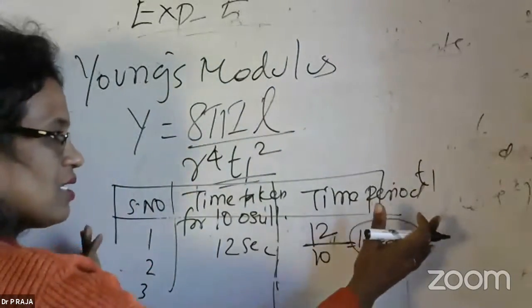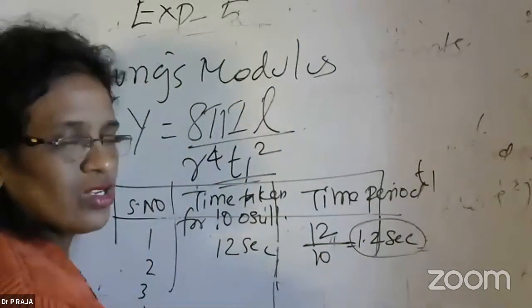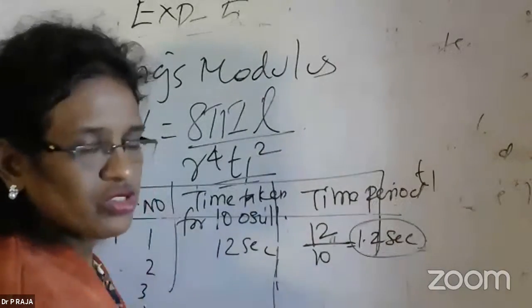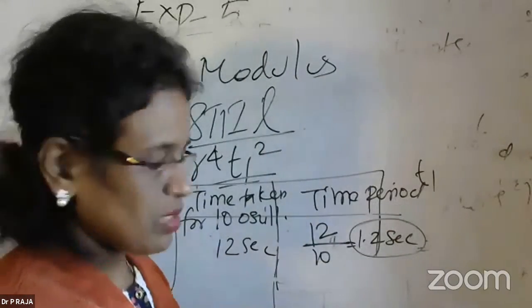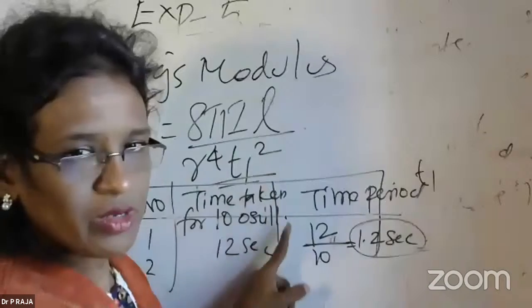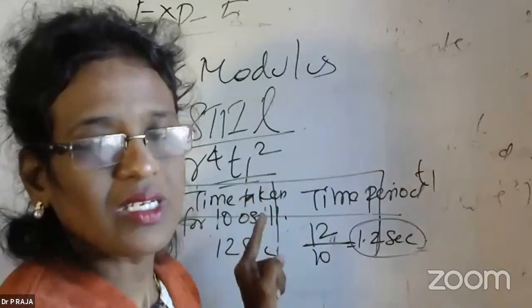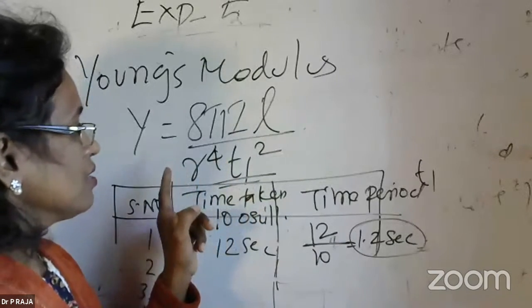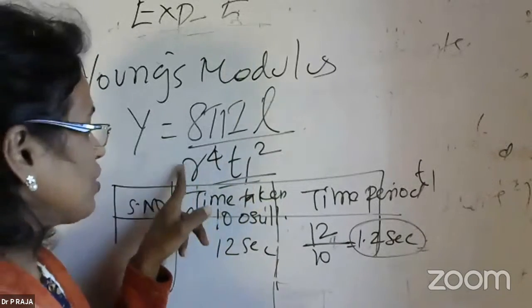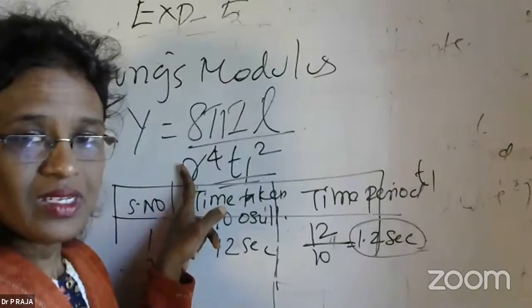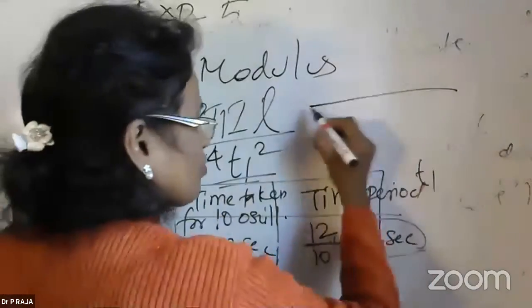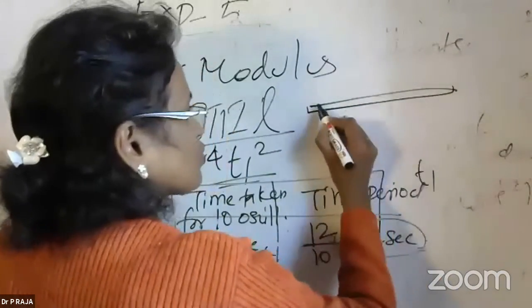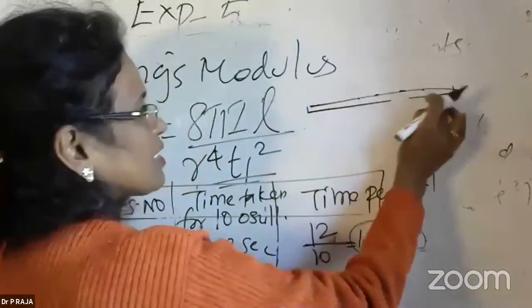Draw a similar tabular column for T2 also, for the next part of the experiment. So T1 and T2, two tabular columns like this, and then a vernier caliper tabular column. You will also have to find the radius of the wire. This is an experimental wire, so in this wire, again at 2, 3 places you will take the radius.